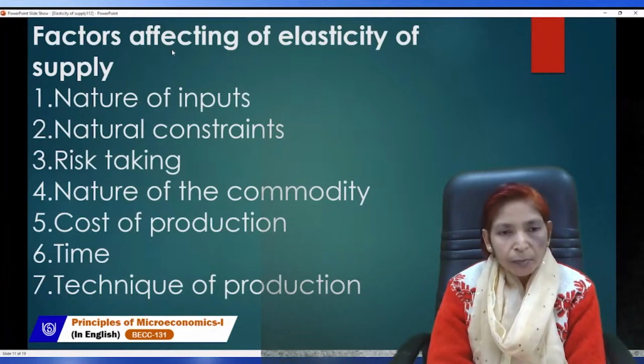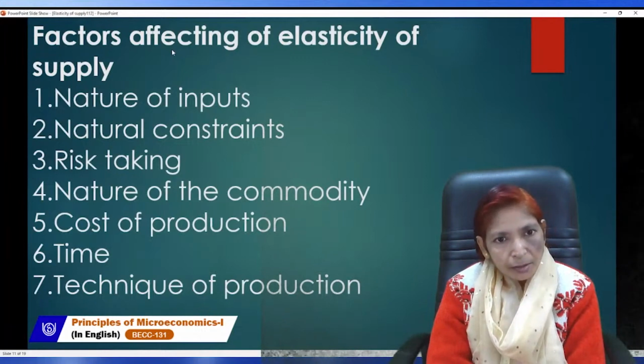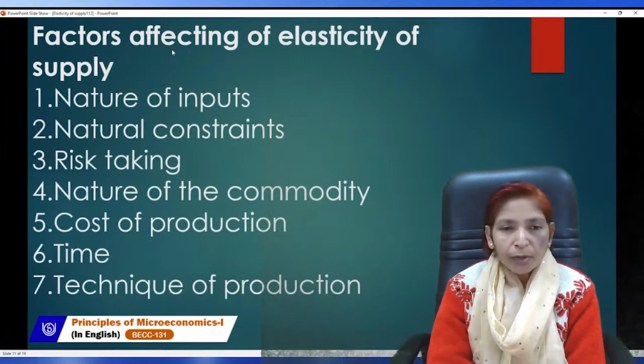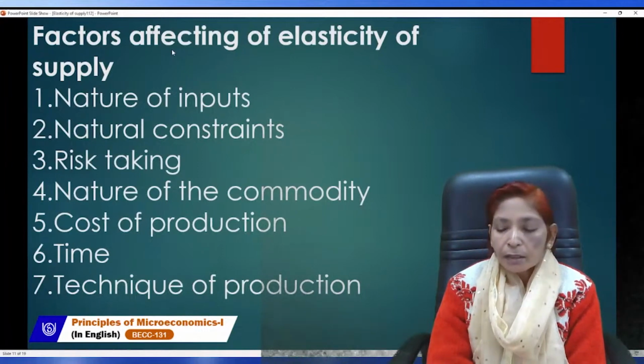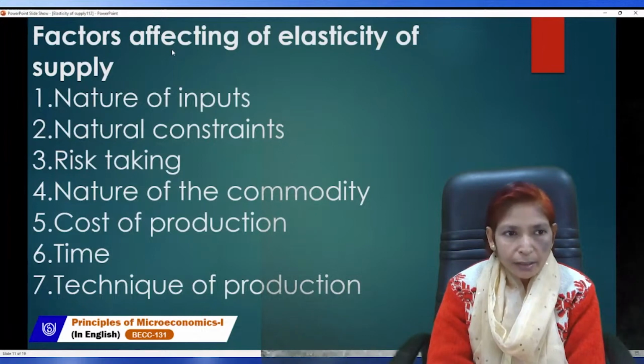So nature of inputs affects the supply of the commodity. If inputs are easily available, then elasticity of supply will be higher, and if inputs are very rare or scarce, then elasticity of supply will be less elastic.